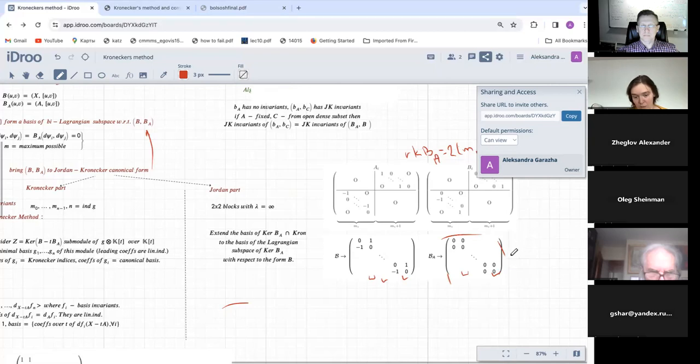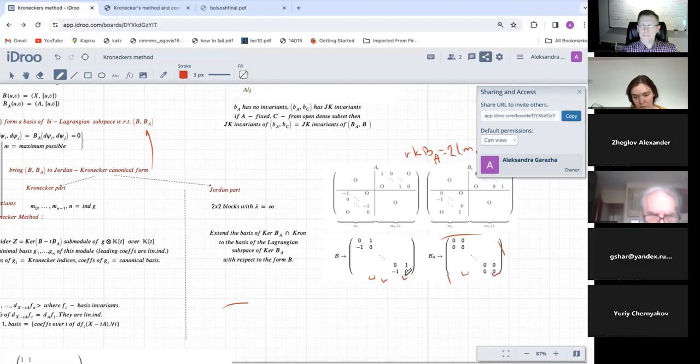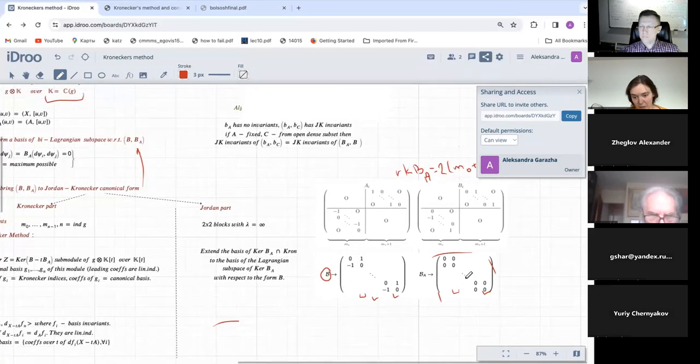And we want to find vectors that form a Lagrangian subspace with respect to this form B. The thing is that the kernel of BA consists not only of these vectors, but also of these vectors.